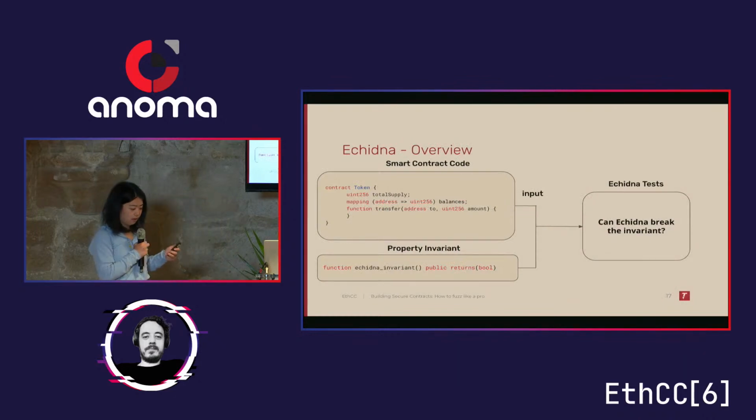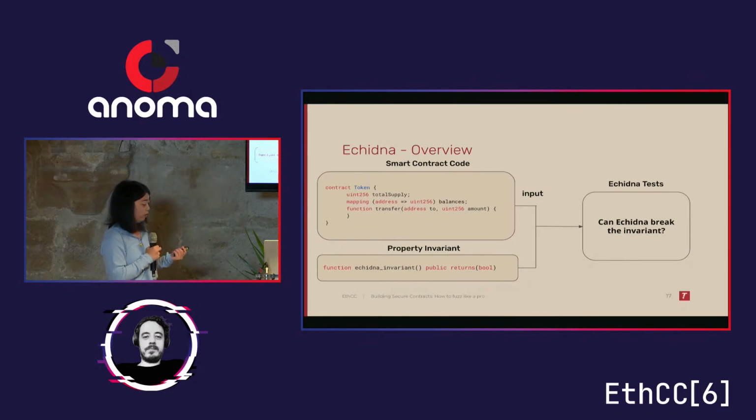So this diagram depicts a little bit more of how to think about smart contract code and invariants. In the middle, we have the smart contract code, and this is basically just the stub of an ERC20 token.